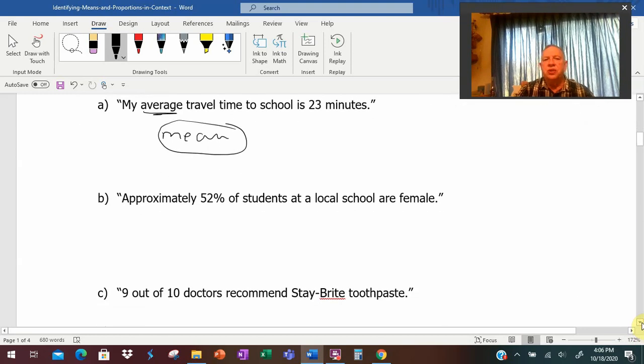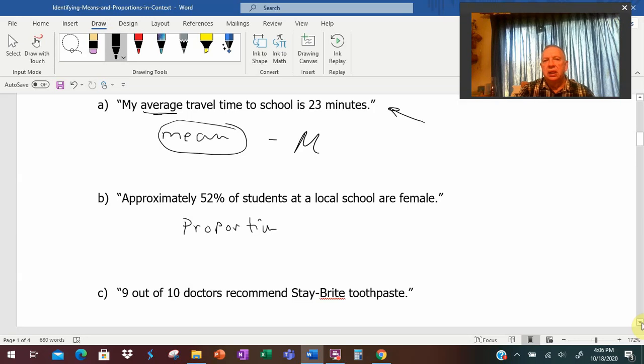Approximately 52% of students. 52%, that's that percentage I was telling you to look for. So this would most certainly be a proportion. Even though this could be an X bar, that would be one X bar, and then you would go from there. Proportion: approximately 52% of students at a local school are female.